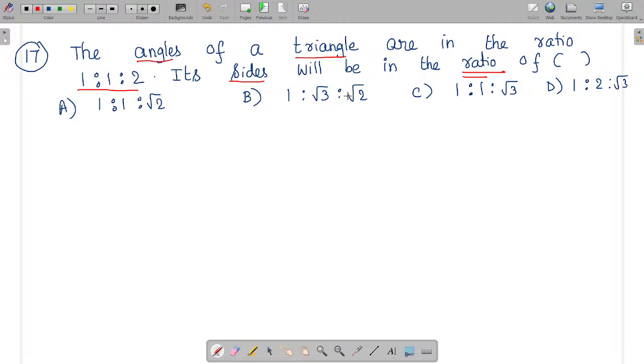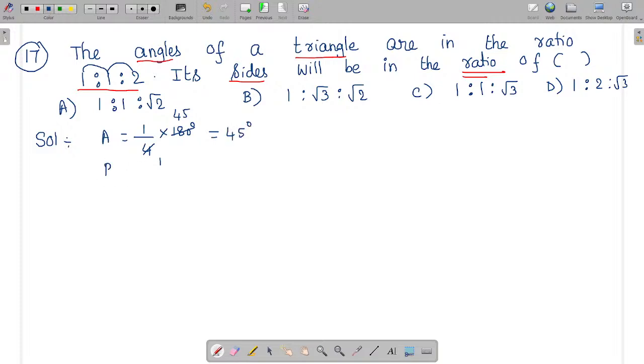అంటే చూడండి, ఒక త్రిభుజంలోని కోణాల నిష్పత్తి 1:1:2 ఉంది. అయితే దాని యొక్క భుజాల నిష్పత్తి కనుక్కోవాలి. First, let us determine the angles of the triangle. For example, angle A. ఇక్కడ టోటల్ పార్ట్స్ ఎన్ని ఉంటాయంటే 2 + 1 = 3, + 1 = 4, 1/4 × 180, అంటే A is equal to 45 degrees.